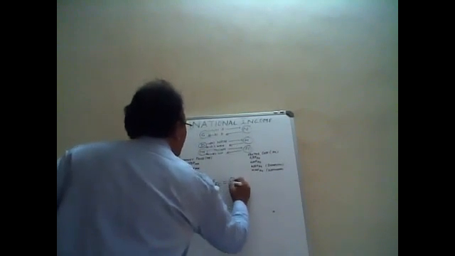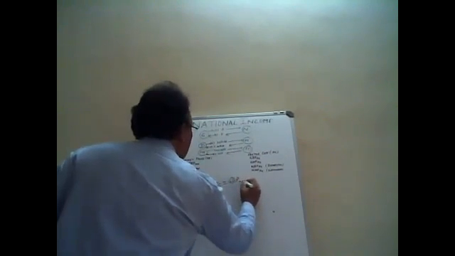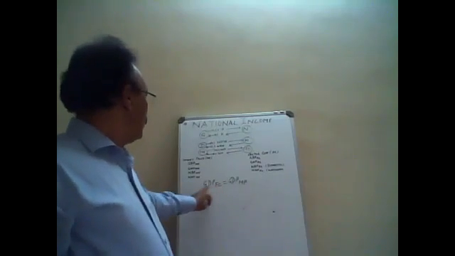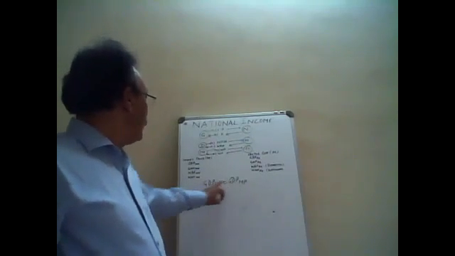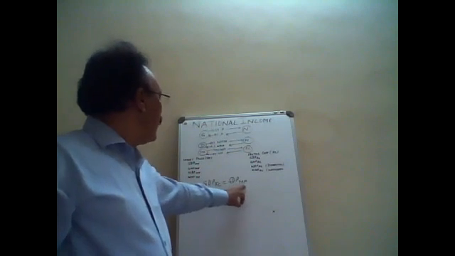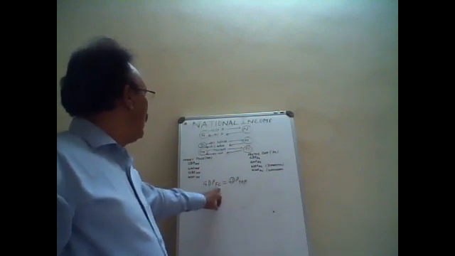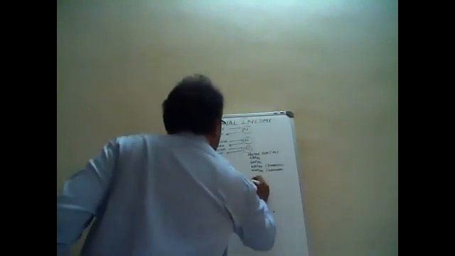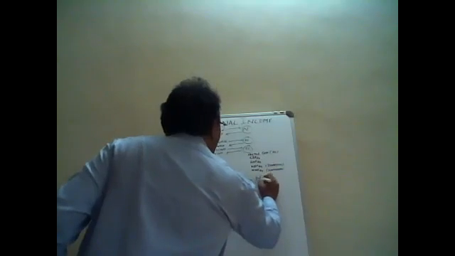Let's take the first one. GDP market price. We have to find this. Gross, no problem. Domestic, same. Difference is market price to factor cost. Market price to factor cost, we only have to minus NIT.